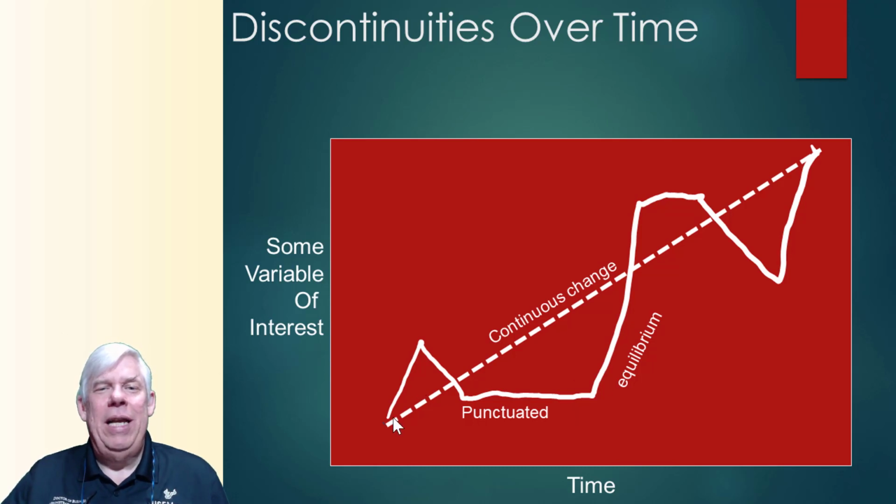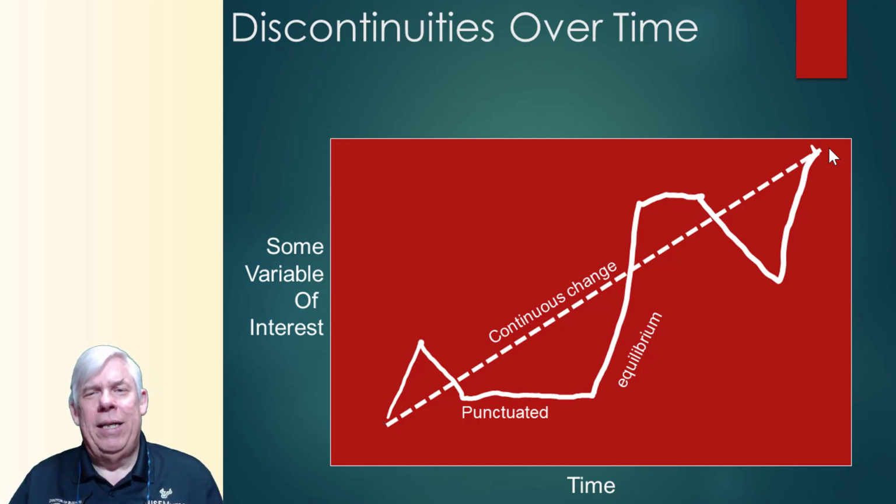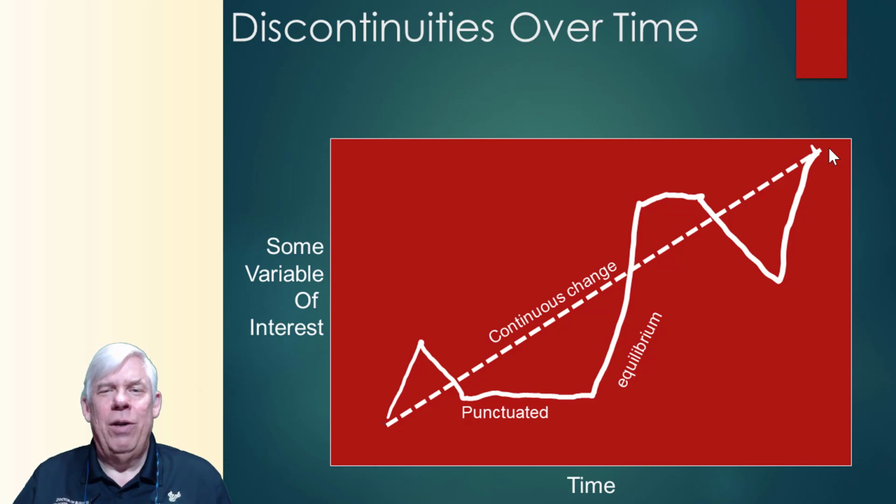So whereas continuous change would look kind of like a random pattern about this general trend line, in punctuated equilibrium it is much, much harder to predict the nature of behavior.